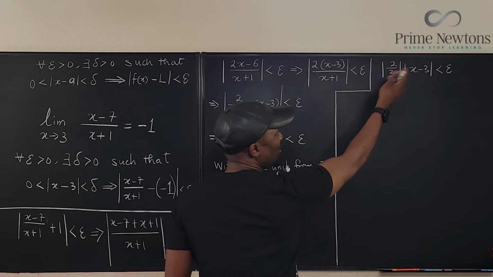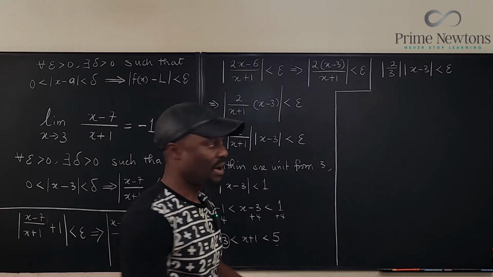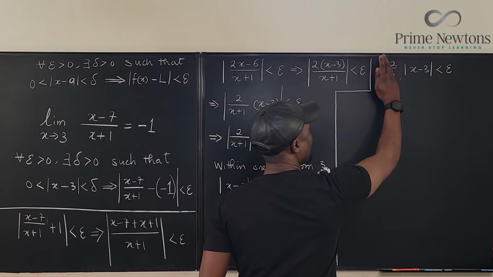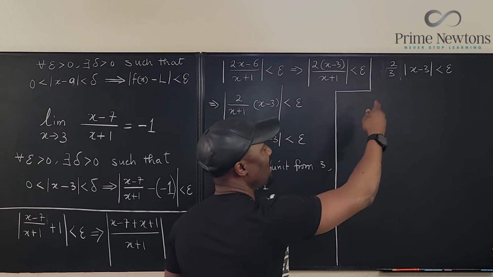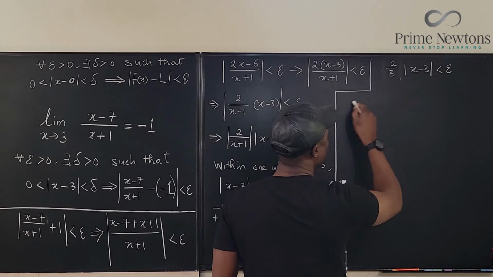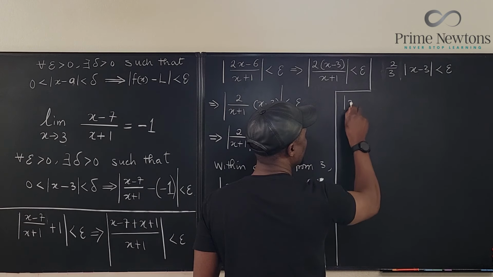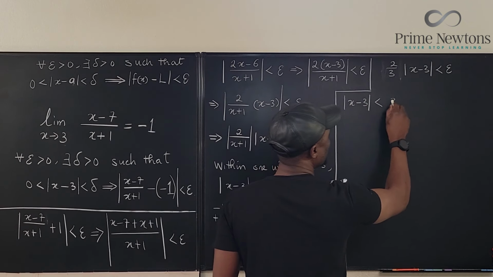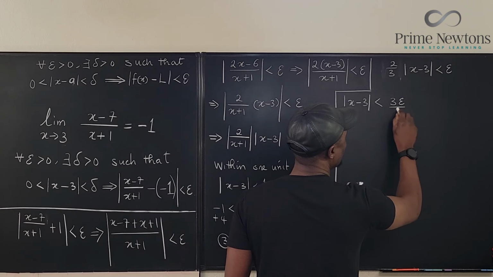Now I don't need the absolute value bars because it's positive, so I can take this out. And now I can divide both sides by 2/3 so that the absolute value of x minus 3 is less than 3 epsilon over 2.